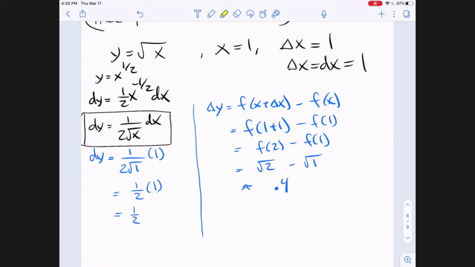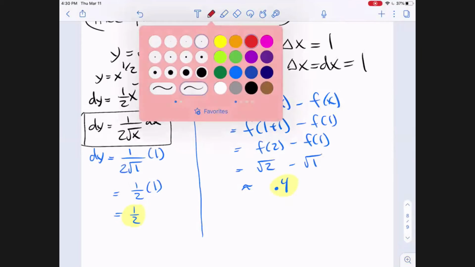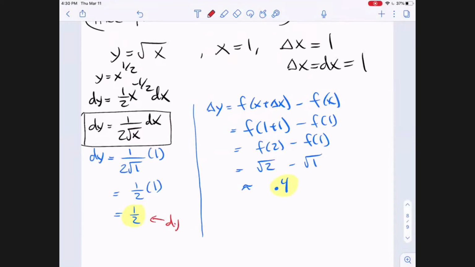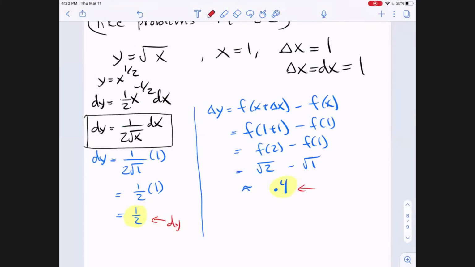So notice here, for dy, I got 1/2. For delta y, I got 0.4. What do those numbers mean? I'm going to explain on a graph the difference between the delta y and the dy. And really, this part right here, I should have done in blue as well, because that's part of what I did.